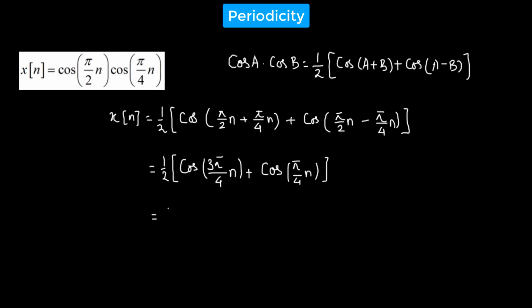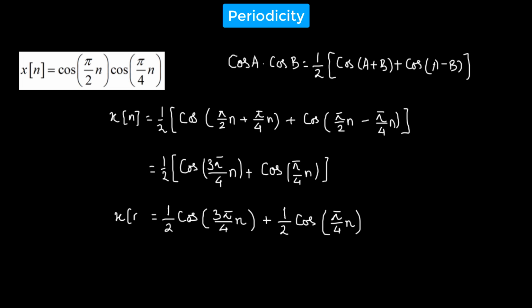Or we can say this is equivalent to half of cosine 3 pi over 4 times n plus half of cosine pi over 4 times n. So this is our discrete time signal x of n.